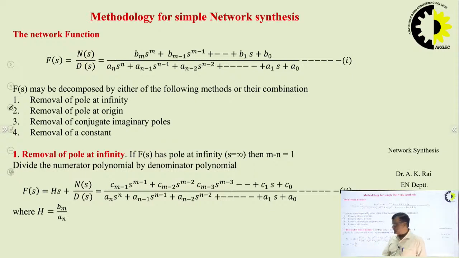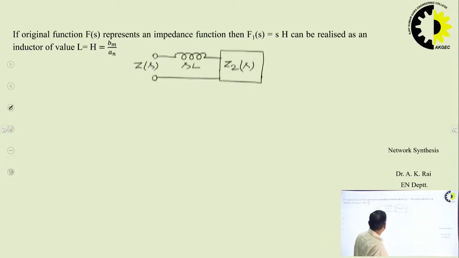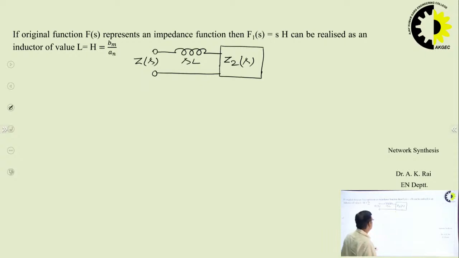So, the impedance can be realized as an inductor of value L equal to H, which is Bm upon An. By removing one pole from the network function, we are separating one inductor. So, we have removed one inductor, and this is your remaining F2(s).